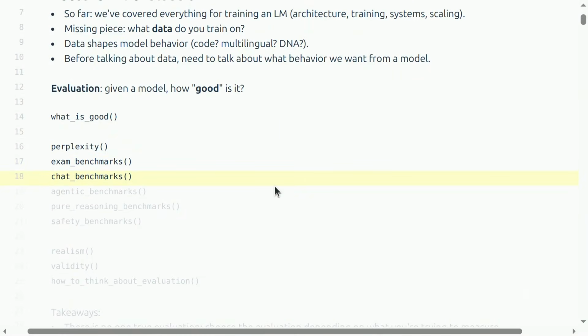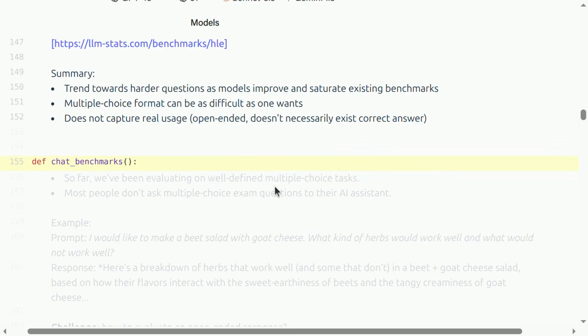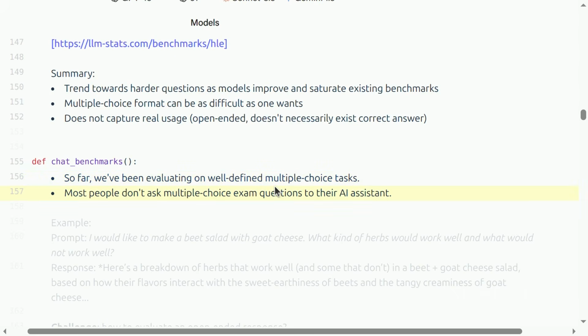Okay, so let's talk about a very different class of benchmarks called chat benchmarks. So far we've talked about multiple choice tasks. They're still pretty good at capturing some notion of intelligence and difficulty. But most people don't ask a multiple choice exam question to their AI assistant, unless they're trying to use their AI assistant to do their exam for them, which no one does.